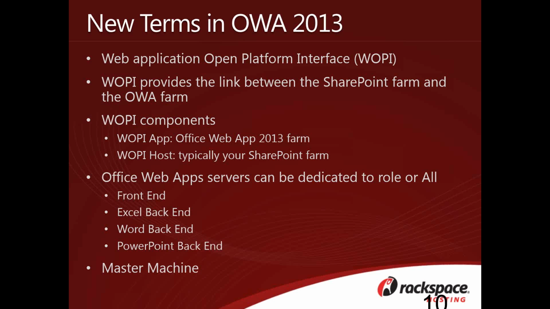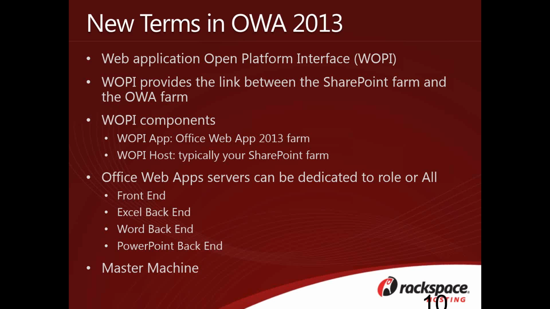Now there are two components to the WAPI, and this is kind of counterintuitive. The WAPI app is the Office Web Application farm. The actual OWA farm is the app. The host is the farm that's taking advantage of the WAPI app, right? You would think that's backwards, it's counterintuitive to me.